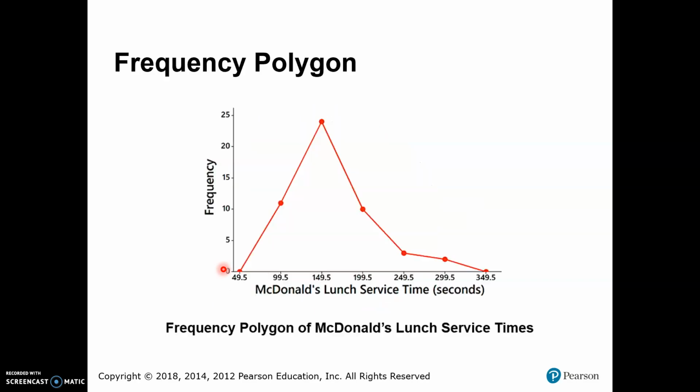Now we can also use what we call a frequency polygon. This again comes straight from a histogram, but in this case there are no bars, just the dots. So think of each dot representing each bar. We call that a polygon.